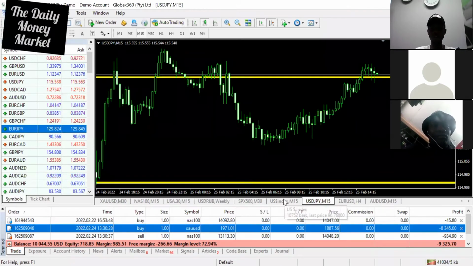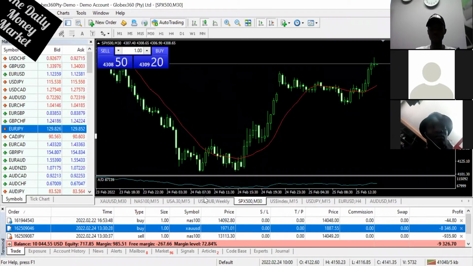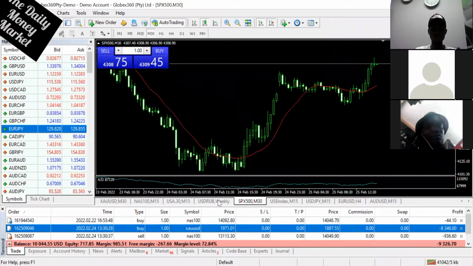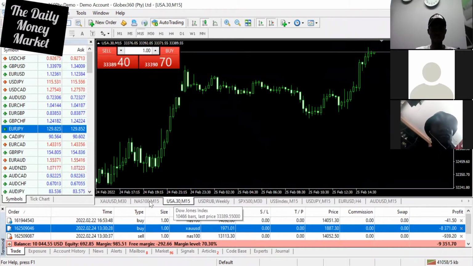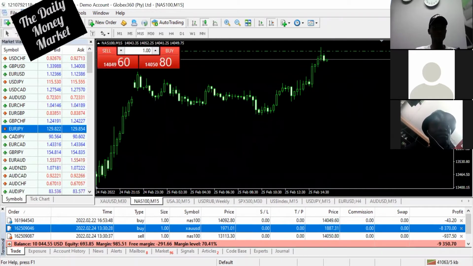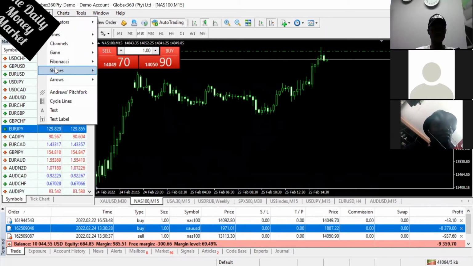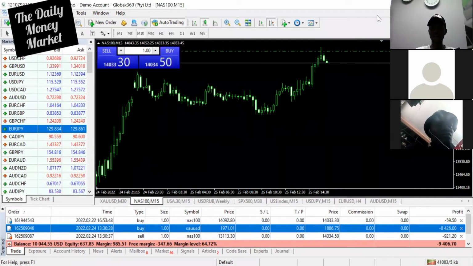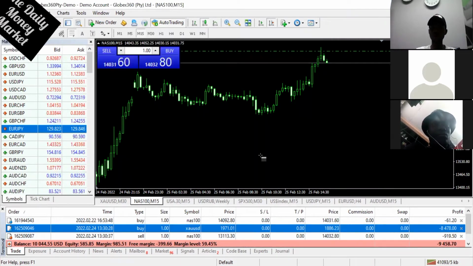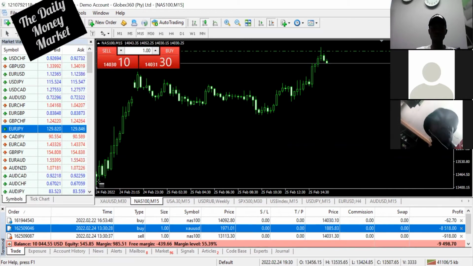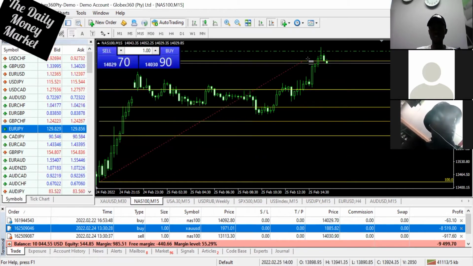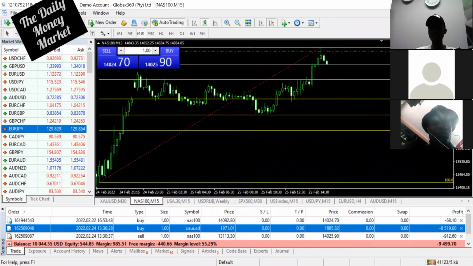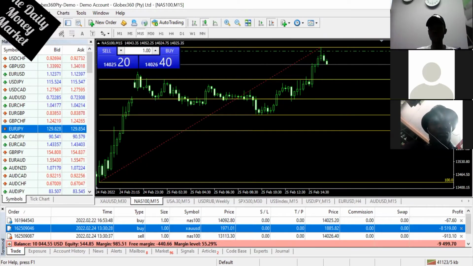So for example, I don't want to take the indices because they have so many troubles, but let's do it anyway. Let's say we take the Nasdaq, right? We go to Fibonacci retracement. This is a buyer trend. If you look at it, it's a bullish trade. So you start from the lower point all the way, drawing a line to the higher point, right? Then you start understanding the rules of the Fibonacci.